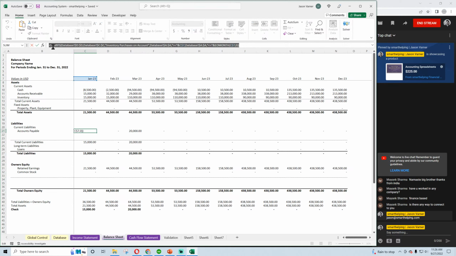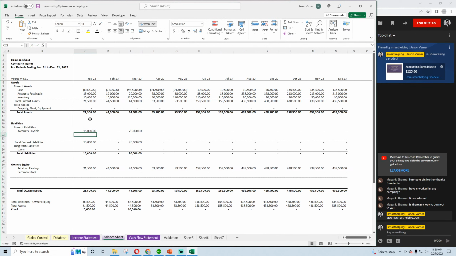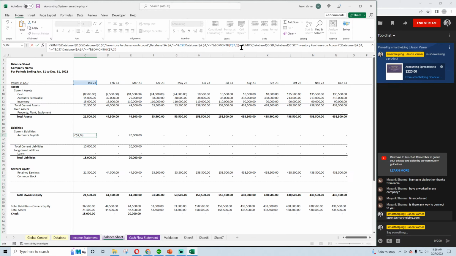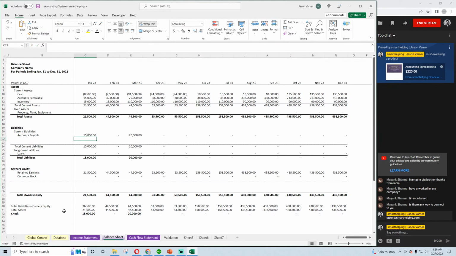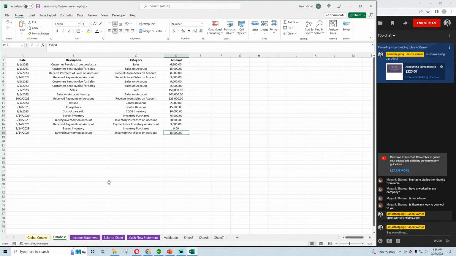So we need to also subtract out this, and we need to subtract out, I think I labeled it payments for inventory on account. I believe. Let's look at that. Yeah, payments for inventory on account. Okay.